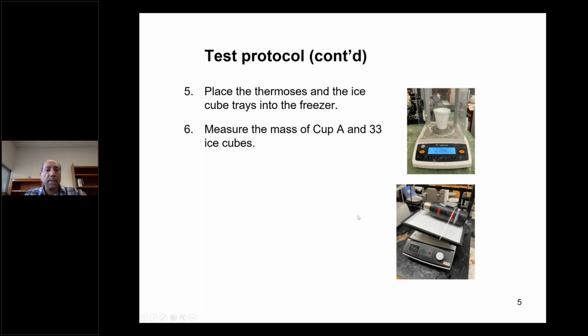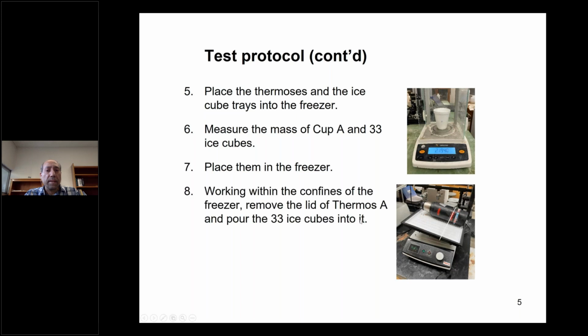It is before the test. Then we place them in the freezer again and remove thermos A and pour the ice cubes into it. And then after closing it, we put it in the mechanical rocker and let it rock for 15 minutes.